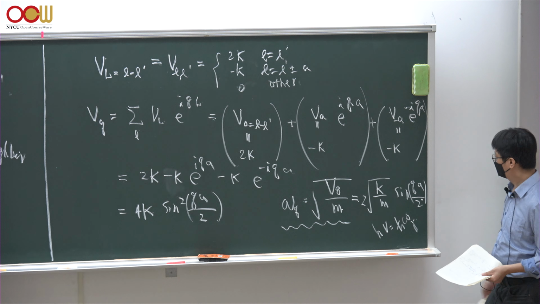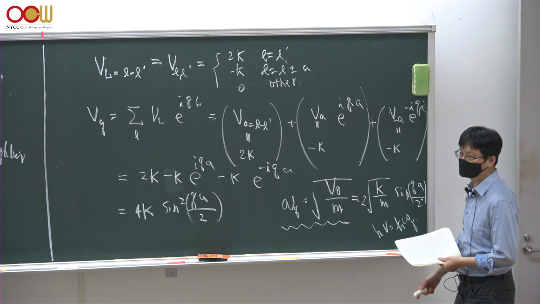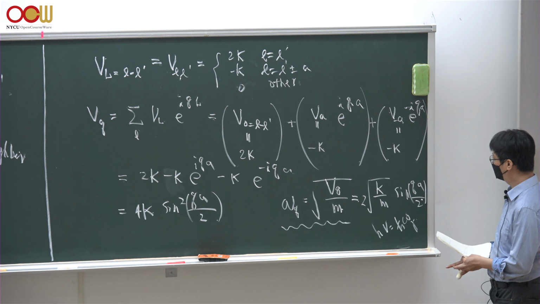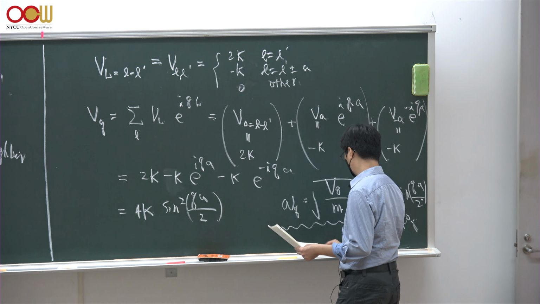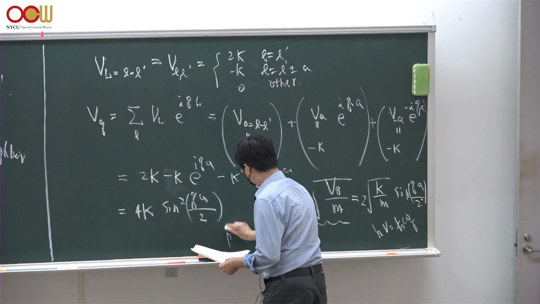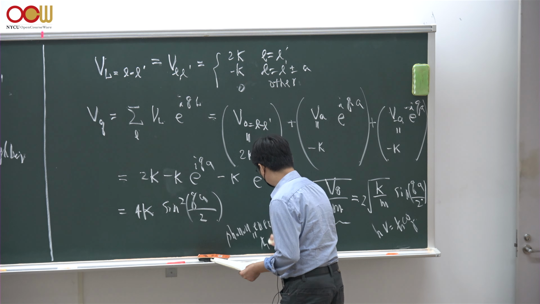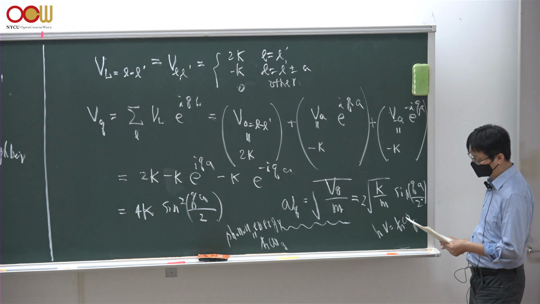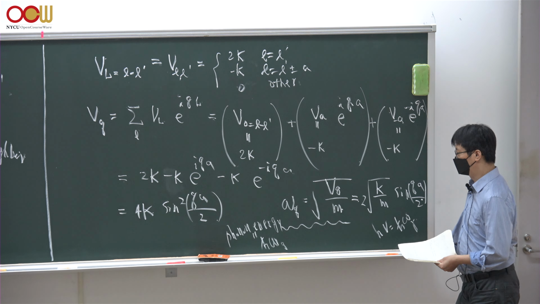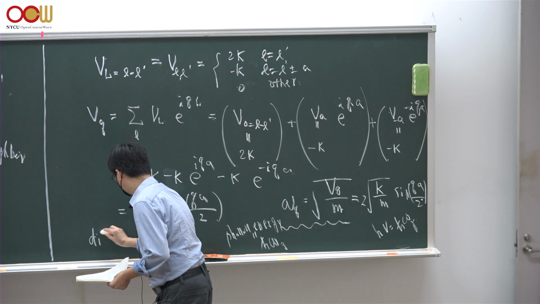And by evaluating this matrix element in the Fourier space, V of Q, we know the phonon frequency, and therefore the phonon energy is given by h bar omega q. Okay, and that's the so-called dispersion relation of lattice vibration.